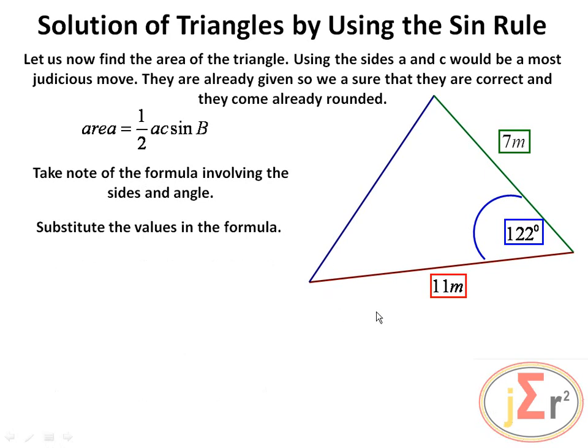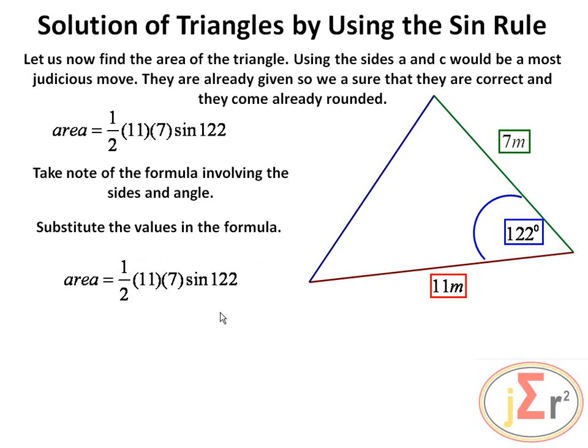So let us substitute the values in the formula. The sides A and C are 11 and 7, and the angle is 122 degrees. So we need to find sine 122 degrees. That's 0.85. And the area turns out to be 23.6 meters squared.